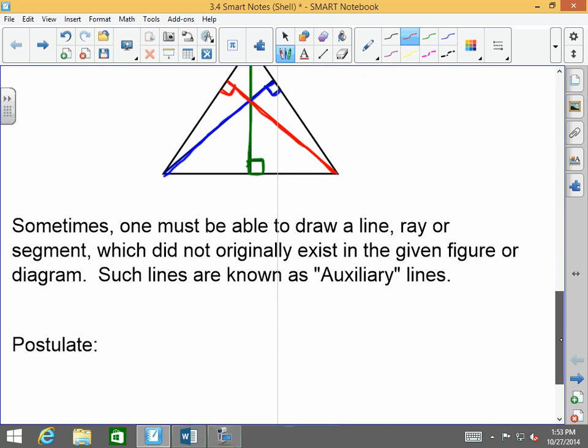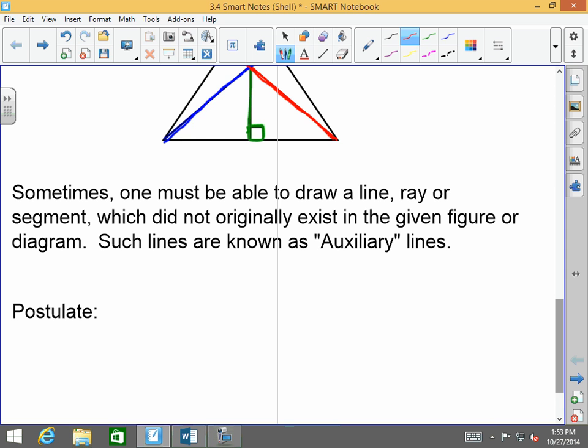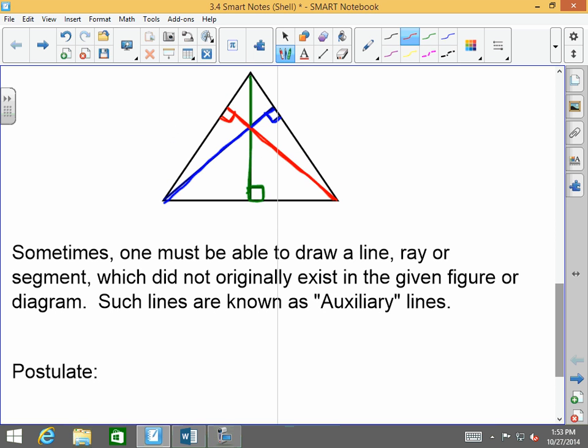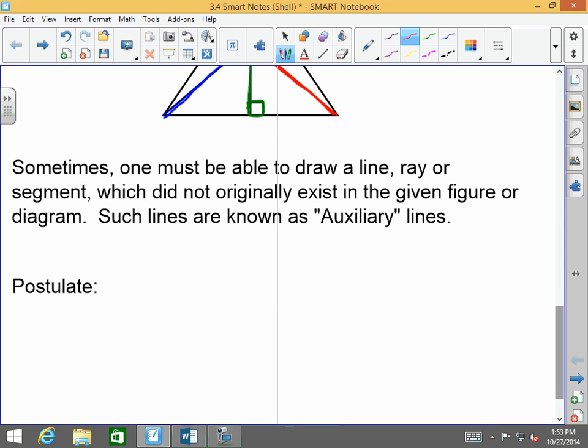Sometimes one must be able to draw a line, ray, or segment which did not originally exist in the given figure or diagram. We saw this and talked about this. I gave you a little preview about this when we were talking about radii of a circle. Such lines are known as auxiliary lines.